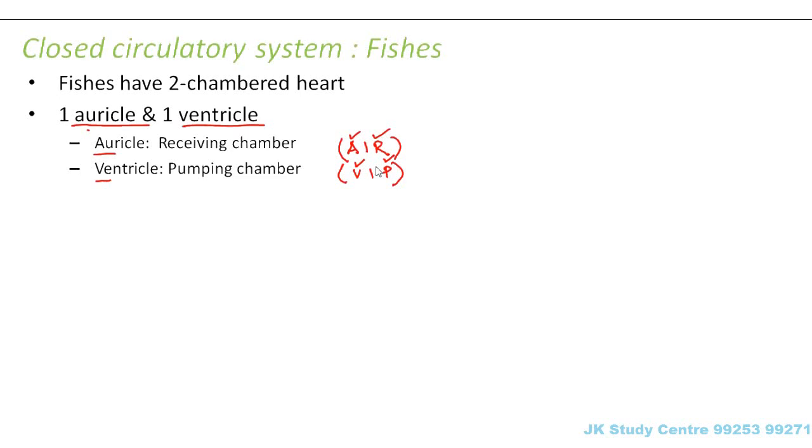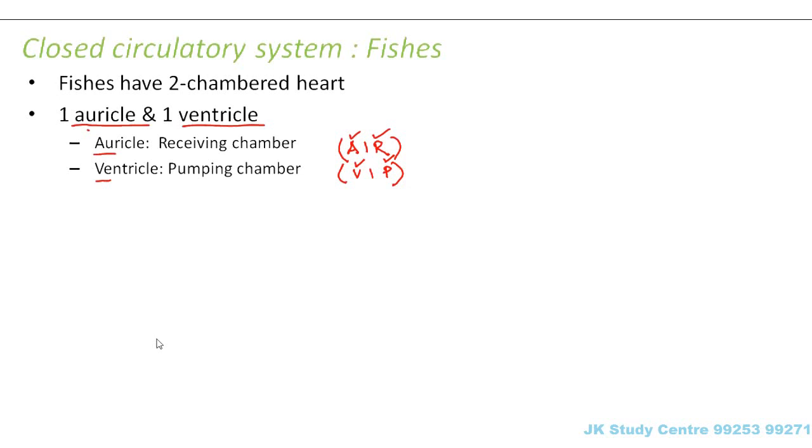Like this you can remember that auricles are the receiving chambers and ventricles are the pumping chambers. So blood enters into the auricles and blood goes out from the ventricle. In order to keep the incoming blood and the outgoing blood separate, the heart has been separated into two different types of chamber. So now, how does the blood flow or transportation take place in case of fishes?